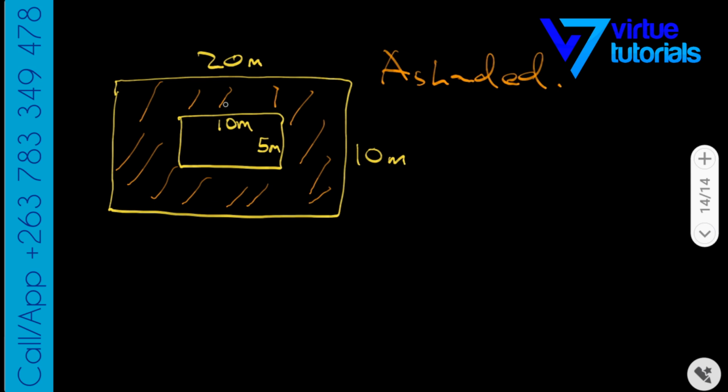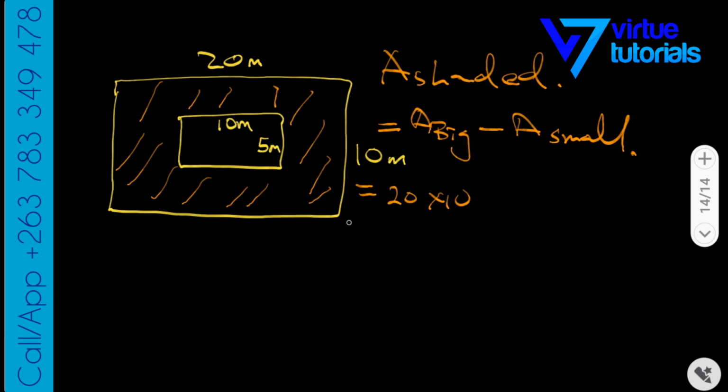So what you need to do is to find the area of the big rectangle and subtract the area of the small rectangle, right? Because we have one big rectangle and then the center is cut out and removed, to leave the shaded part. So we must follow that sort of reasoning. The area of the big rectangle is going to be length times width, which is 20 times 10, length of 20, width of 10.